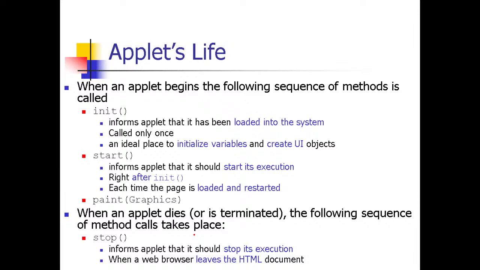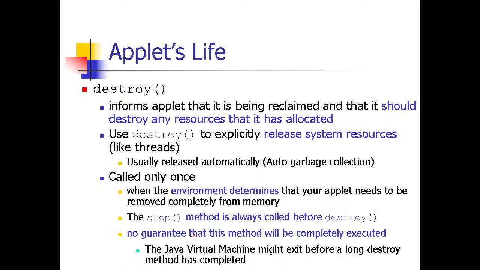Stop informs the applet that it should stop its execution, either because you stop it or because you are closing your web browser. Both call the stop method. Destroy informs the applet that it is being reclaimed and that it should destroy any resources that it has allocated.